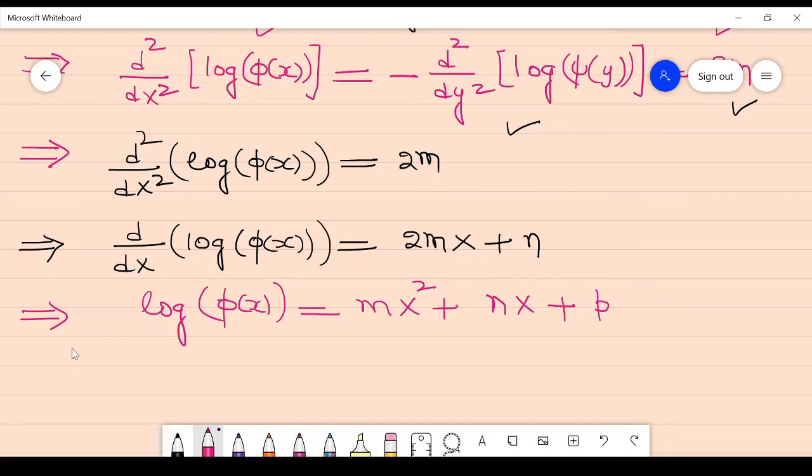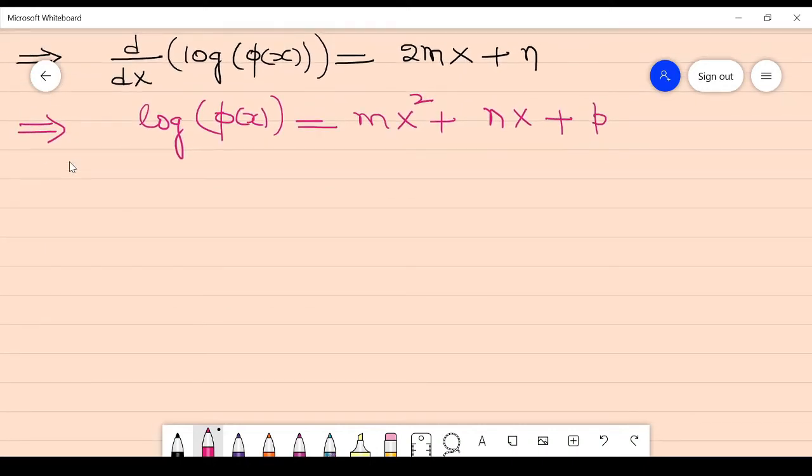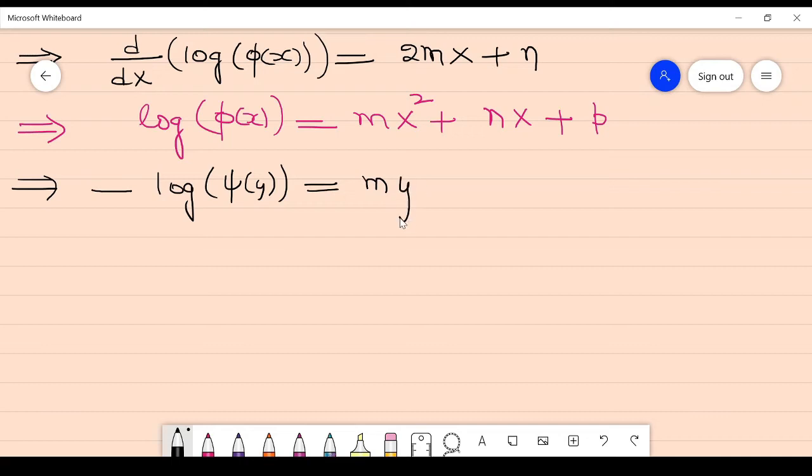The second equation is very similar to this equation. The difference is only that here it is positive, and in that equation it will be negative. So it implies minus log of ψ(y). So m will be the same, x will be y square, n will be different, n dash, this is y, and p will be different, which is p dash.